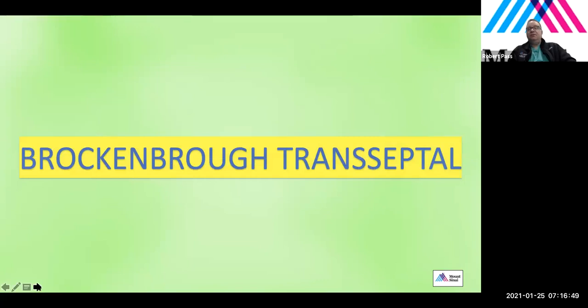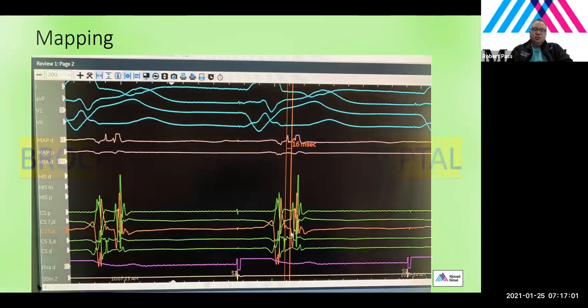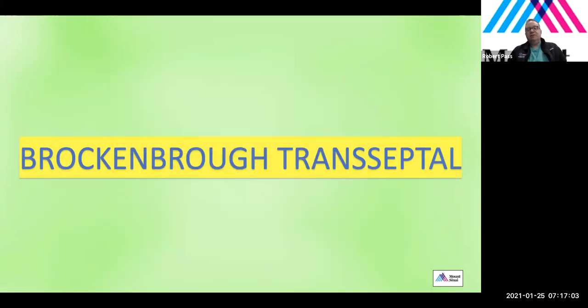So based on all of these data, we realized that the patient still had a left-sided pathway. And so we did a Brockenbrough transseptal to get into the left atrium. And I'll remind you that there are basically two approaches to ablating left-sided pathways. The one that's more commonly used amongst pediatric cardiologists is to go transseptal.